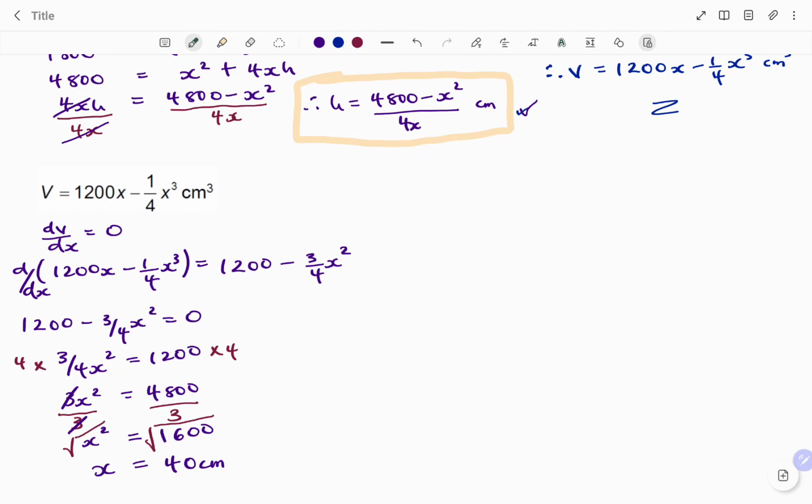So substituting the value of x, I have h equals (4,800 minus 40 squared) divided by 4 times 40. And if you punch that in on your calculator, you're going to have the value of h equals 20 centimeters.